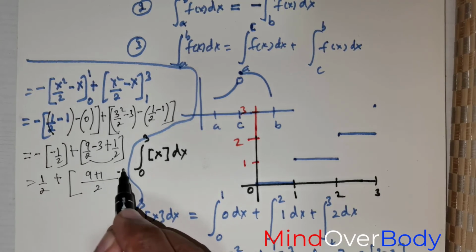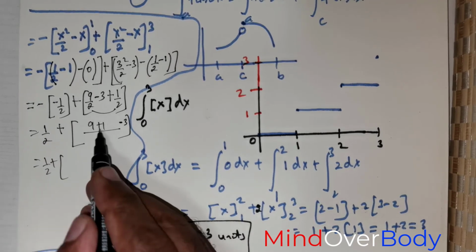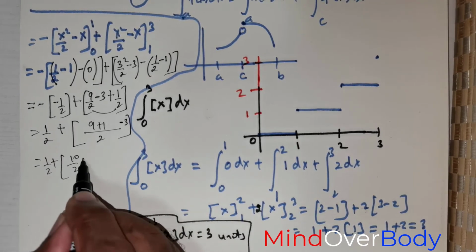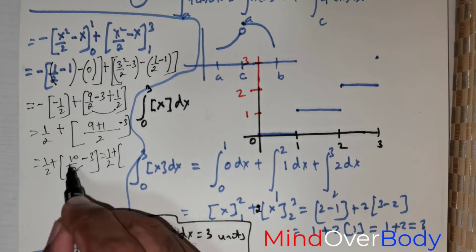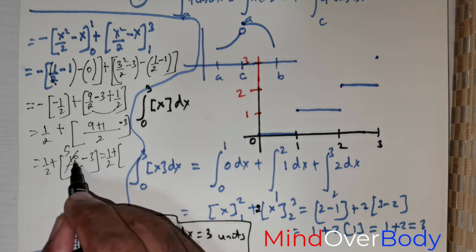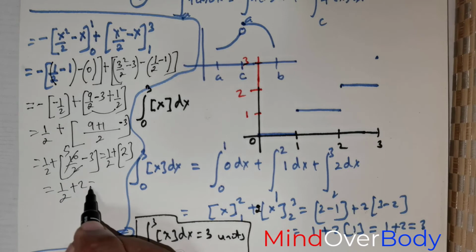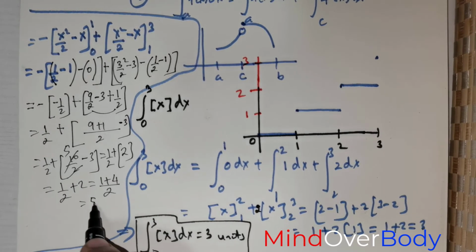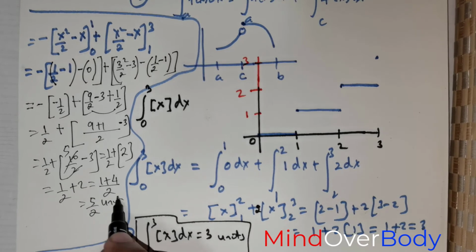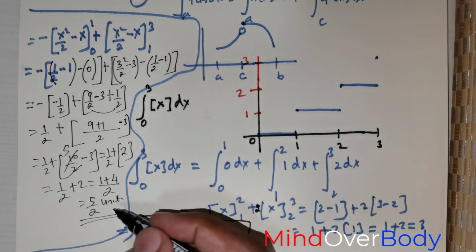I'm just placing negative 3 as it is. So this is equal to 1 over 2 positive 9 added with 1 would give me 10 over 2 followed by negative 3, which is equal to 1 over 2 positive. 2 divides 10 5 times. So 5 negative 3 would give me 2. So we've got 1 over 2 positive 2. Taking 2 as the LCM, we've got 1 positive 4, which is nothing but 5 over 2 units. So this would be the area under the curve or the function modulus of x negative 1.